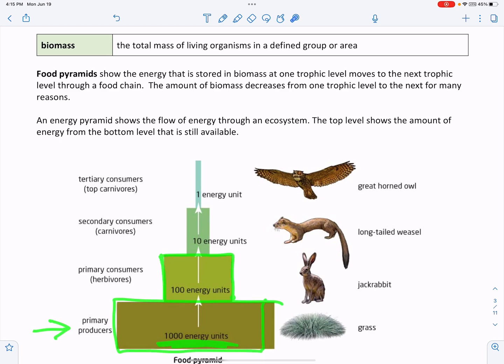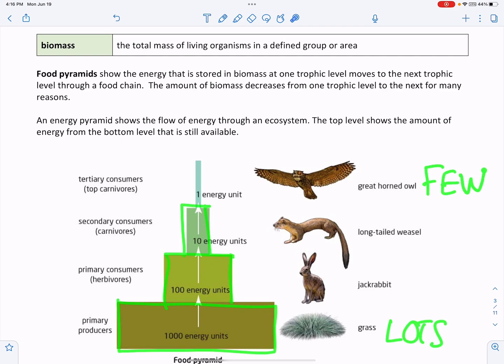Next, we have the second largest, which is the primary consumers, also known as herbivores. The third is the secondary consumers, also known as carnivores, and the top is the top carnivores. So if you notice, a few things happen. As you move up a food chain, the amount of biomass decreases. So there are way more plants than there are top carnivores.